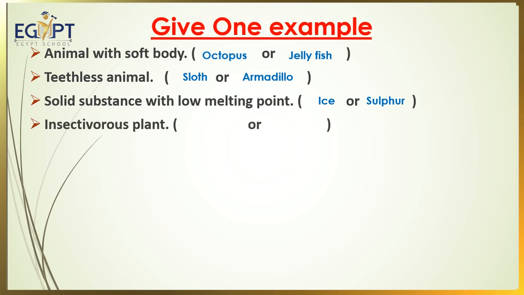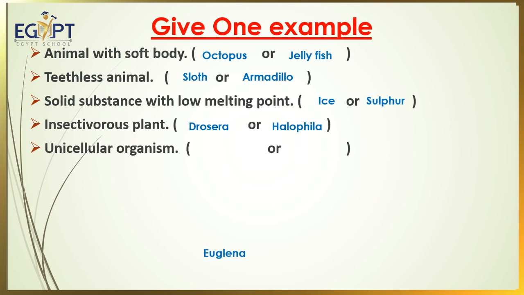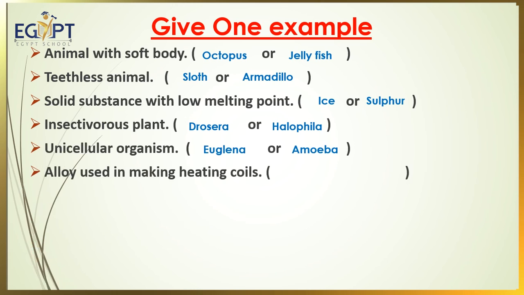Insectivorous plants: the plant that eats insects to get protein, like Drosera, Halophila, or also Dionaea. Unicellular organism as Euglena, amoeba, or Paramecium.